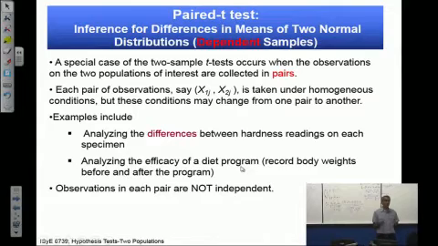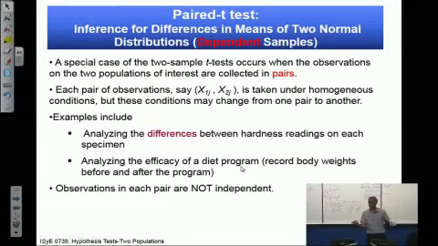For example, you want to see the efficacy of a drug or a diet program. So what you do, you measure the weight of one person before the diet program, and you measure the weight after the diet program. So you are measuring the weight of one person twice, before and after. Okay?